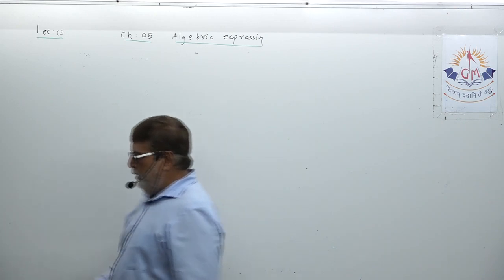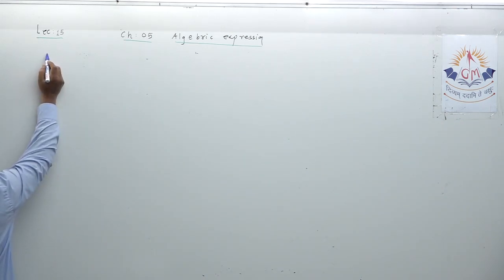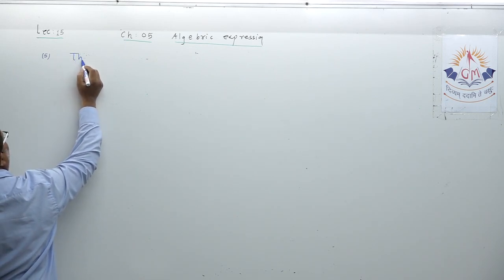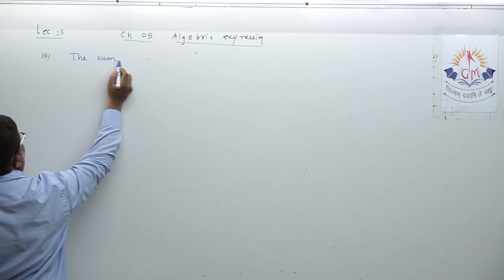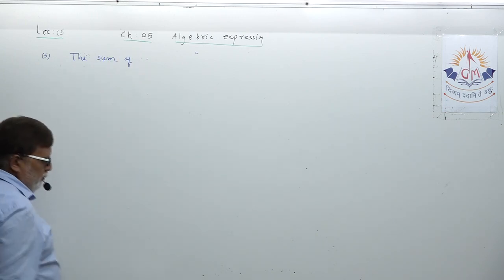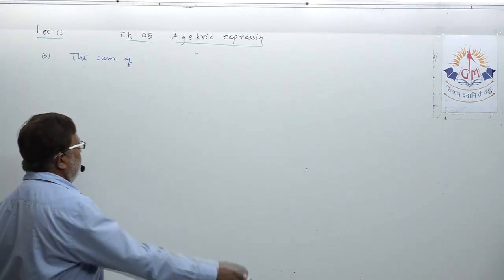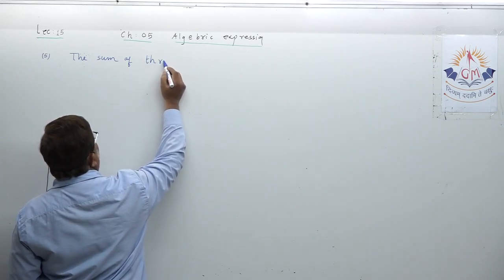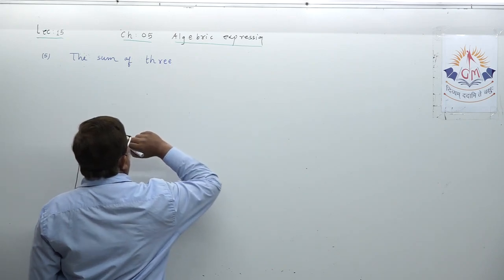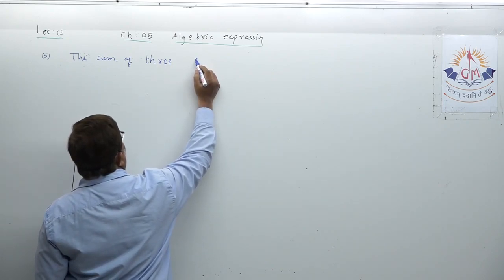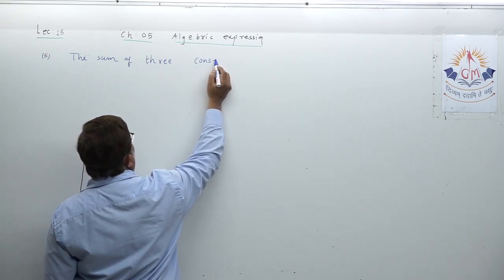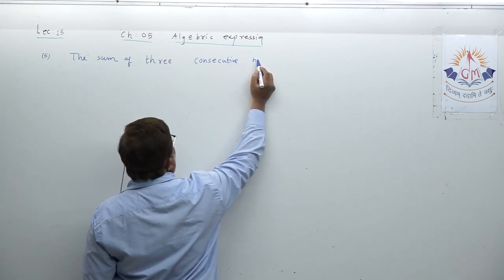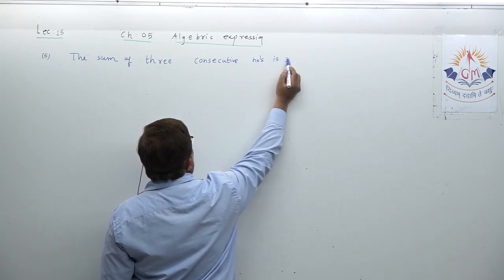See, what is the sum? I am writing it here, dear student. Please note down with me. The sum of 3, note down this important word now, sum of 3 consecutive, this is very important for you, 3 consecutive numbers is 36.